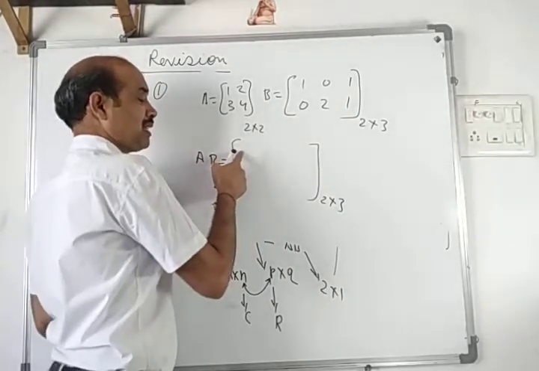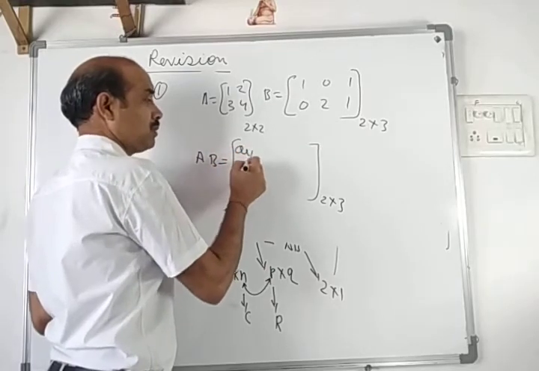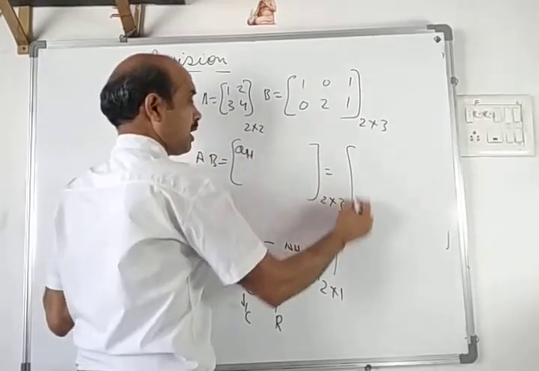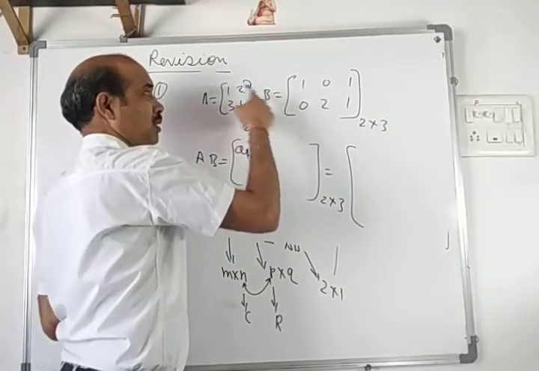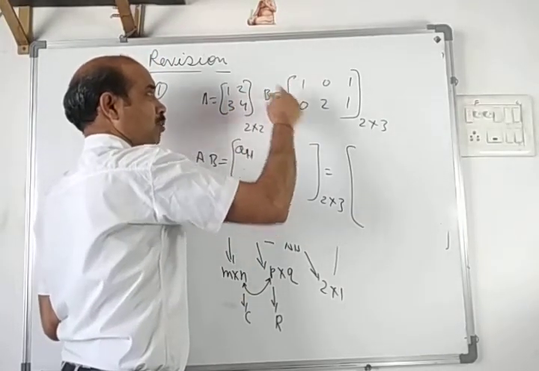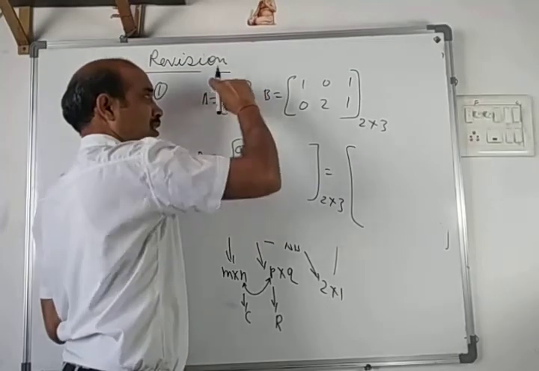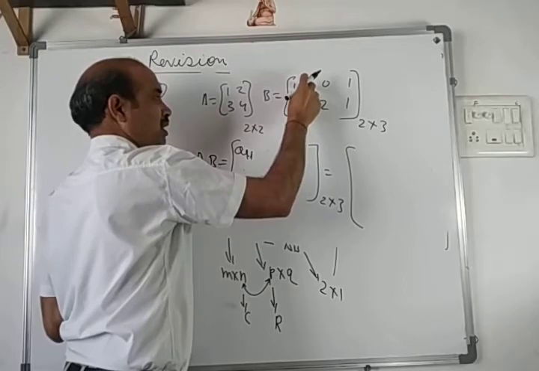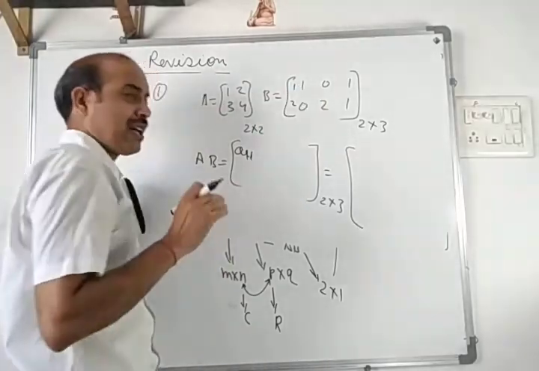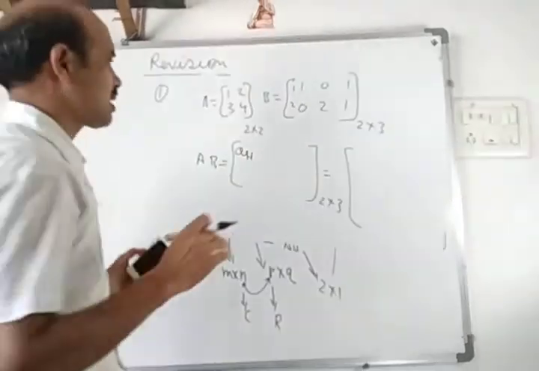Now, A11 will be obtained by the first row and first column. We will multiply the first row, making it vertical, you may say. Convert the row into a column, 1 and 2, and multiply with the first column. This is the way we have already done, you have already practiced, but I am just revising.